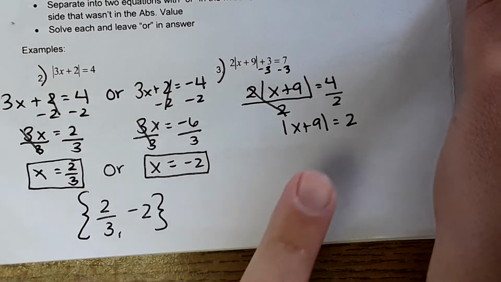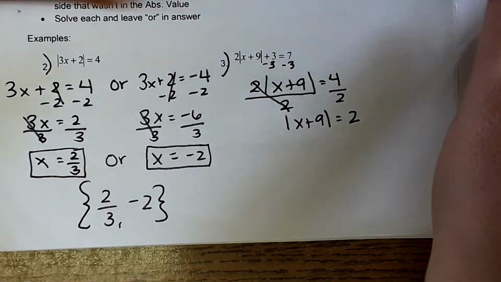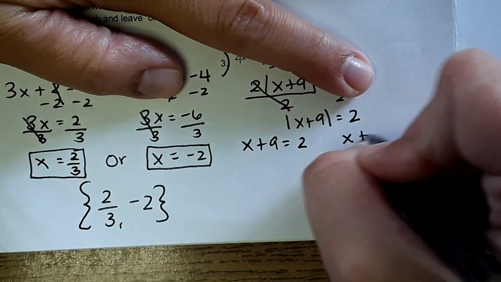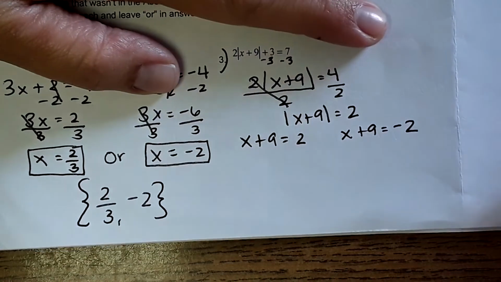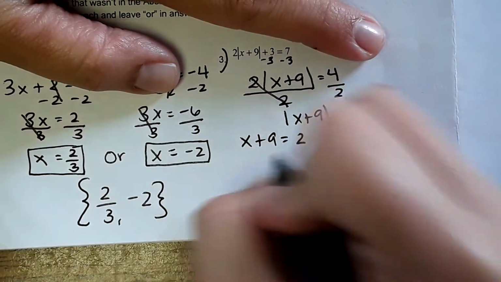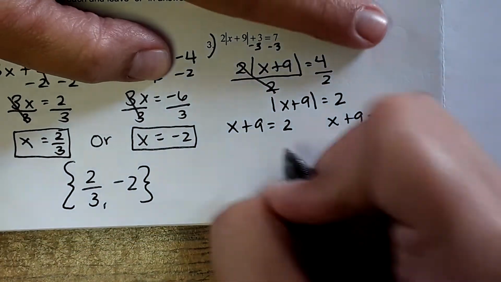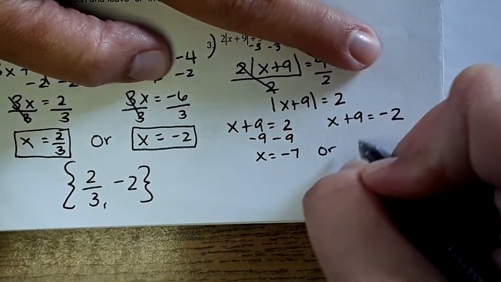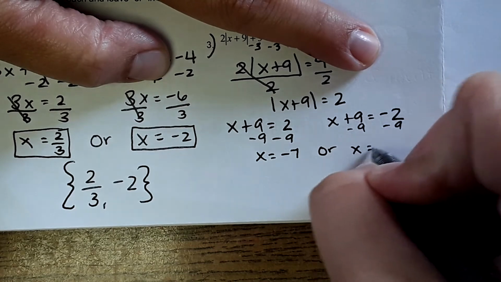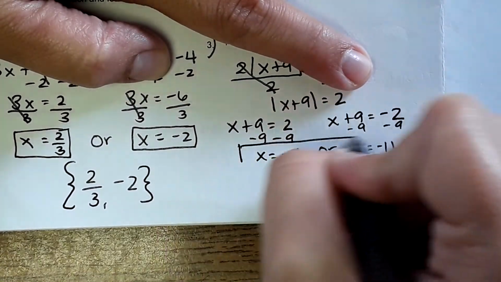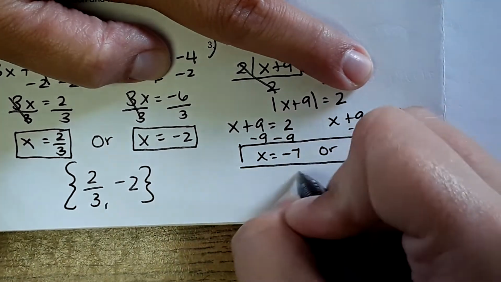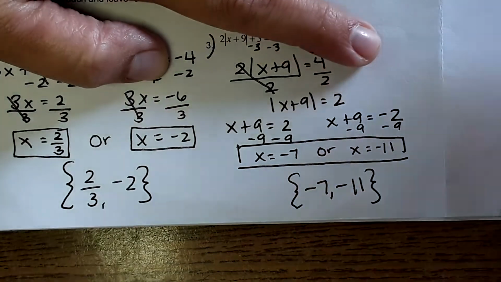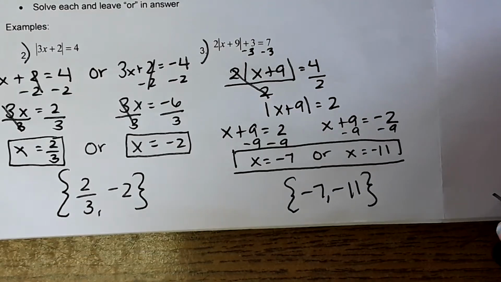Once I get the absolute value all by itself, then I need to do the either-or. So x plus 9 either equals positive 2 or it equals negative 2. And then from here, solve for x. And you get that.